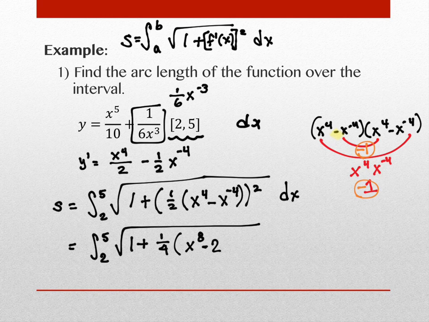We don't usually see a constant happening in the middle of multiplying out a factor set. But it is correct. And then we're going to have a negative x to the 4th times negative x to the negative 4th. That's positive, and that will be x to the negative 8th. All right, a little bit of messy algebra. It's not as bad as it could have been, and it cleans up pretty nicely.